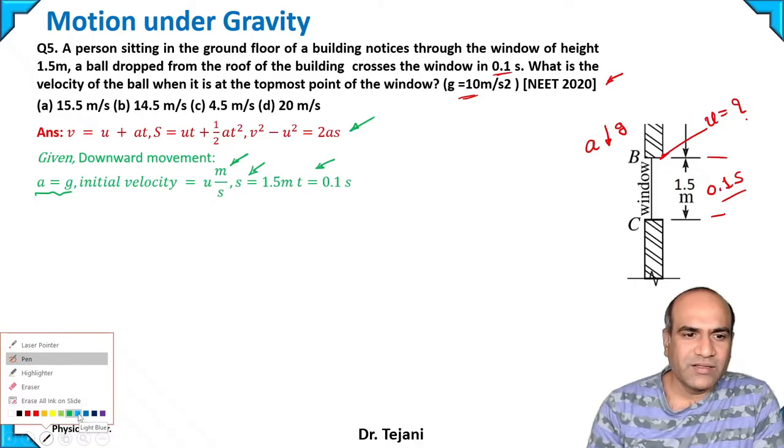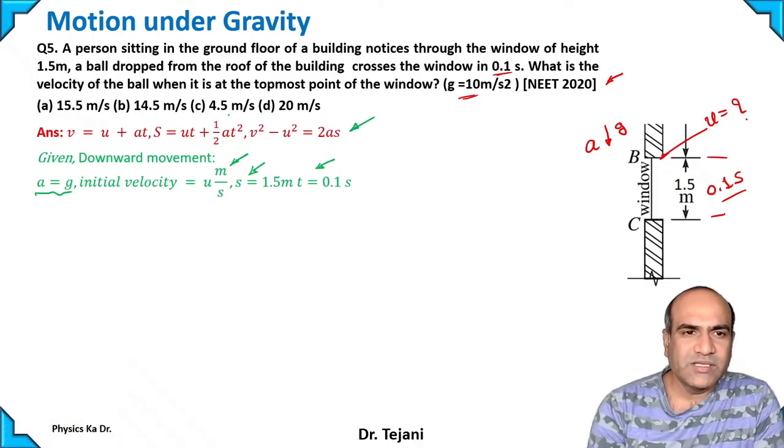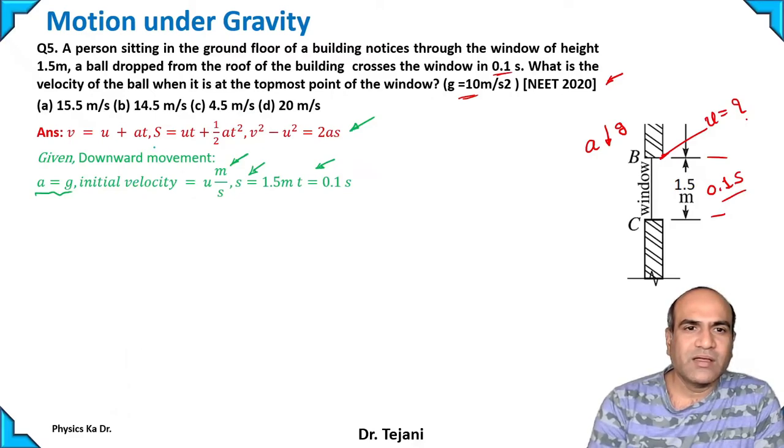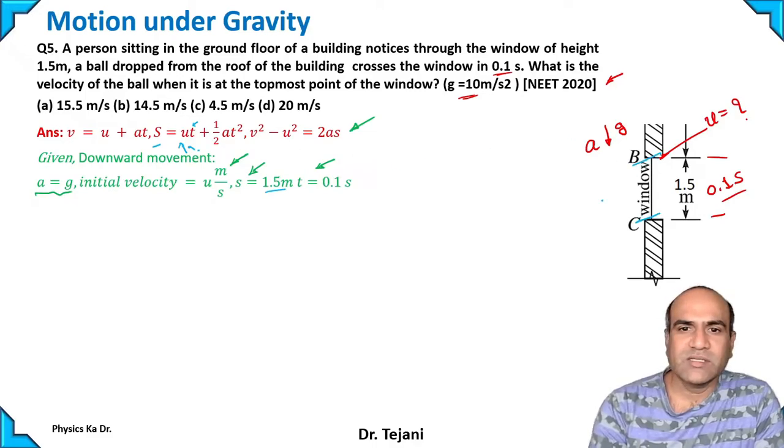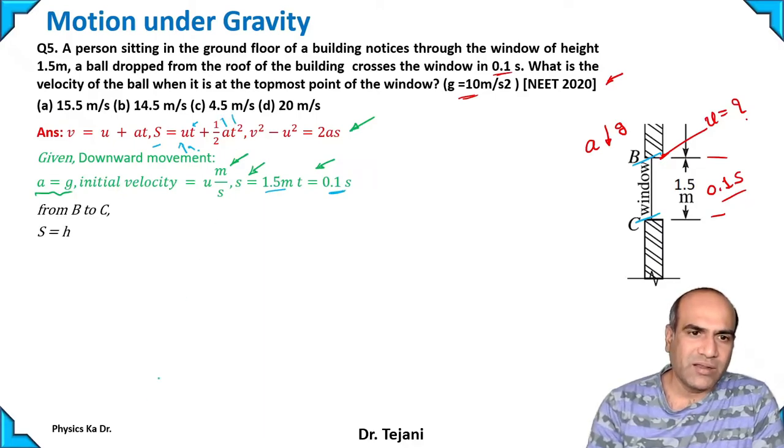So let's put this in the equation. S is given 1.5. U, the initial velocity, is not given. Time required to cover this window displacement is given as 0.1. Acceleration is given as 10. The same equation should be there.